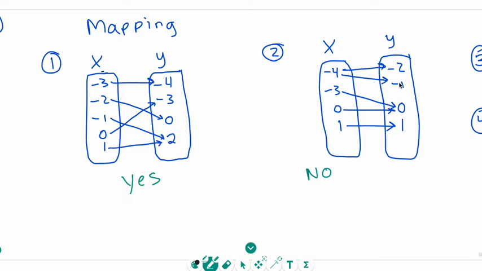And the reason that it is not a function is because of ordered pairs (-4, -2) and (-4, -1). So anytime your answer is no, you need to list the ordered pairs that make it not a function.